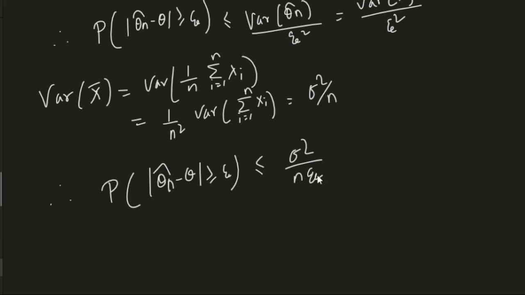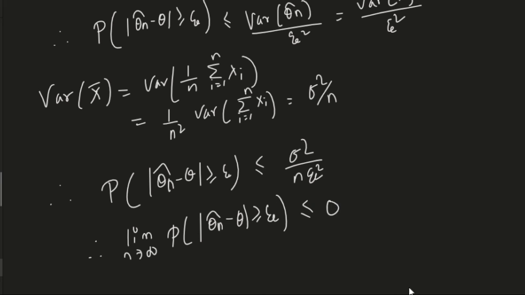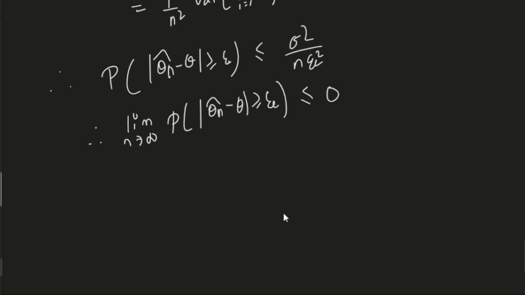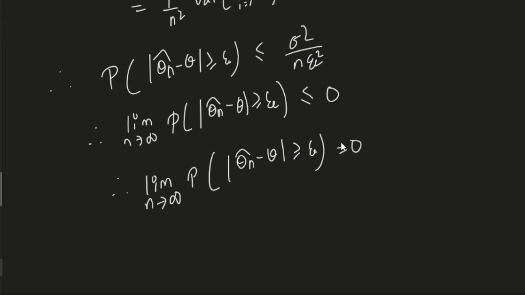by n epsilon squared. Therefore, the limit as n tends to infinity of the probability that theta n cap minus theta is greater than or equal to epsilon is less than or equal to 0, and since probability is always greater than or equal to 0 as well, the limit is zero.